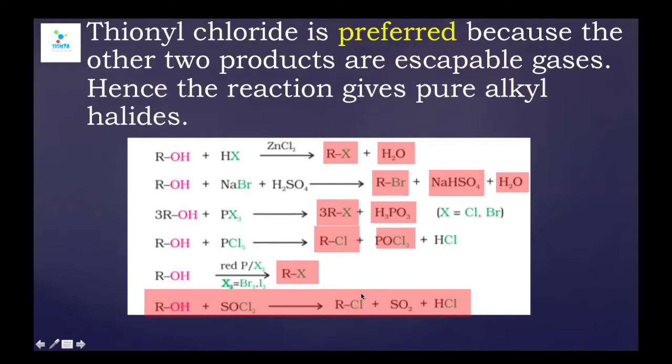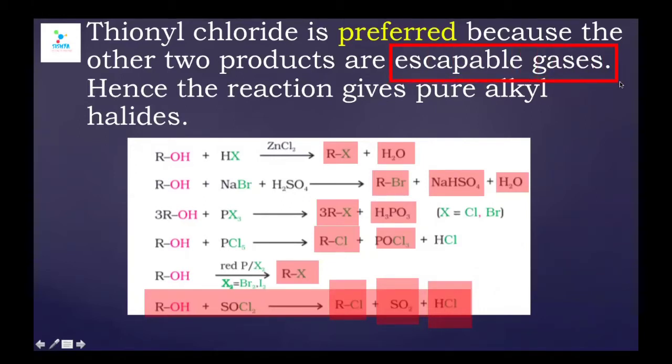But in the last one, although there are 3 products, the other 2 are highly volatile and escape easily. They are escaping gases, and hence I will prefer the last one commonly.